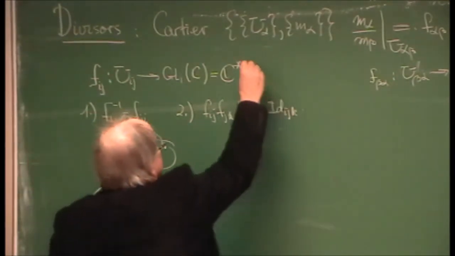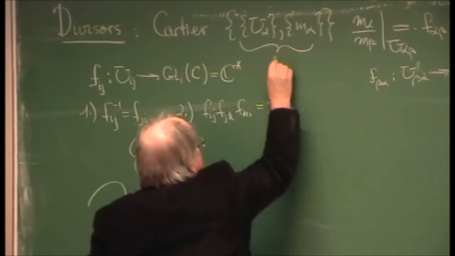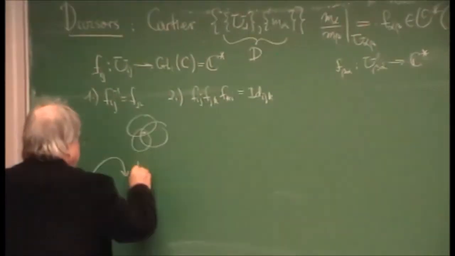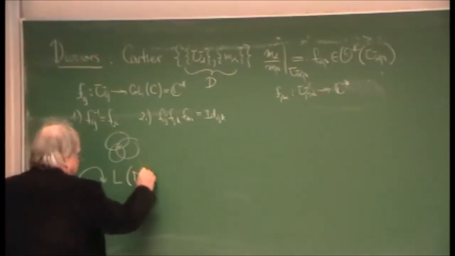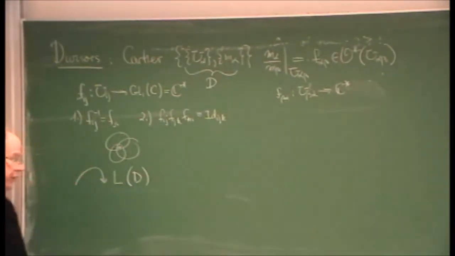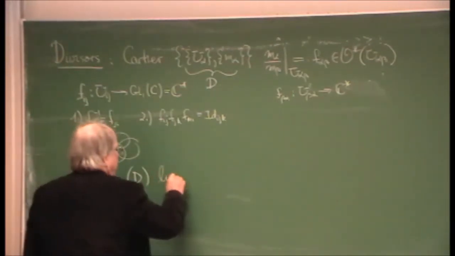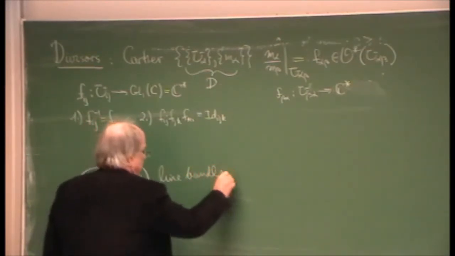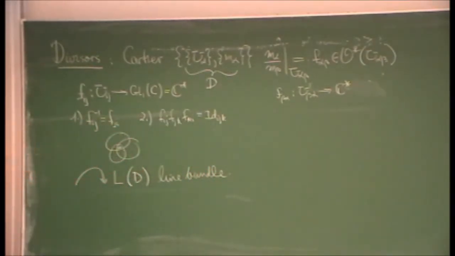Let's call this divisor D, and that defines then a line bundle, and we denote that by L of D. So this is a line bundle. So associated to every Cartier divisor, in a very general setting, we have a line bundle. Okay?